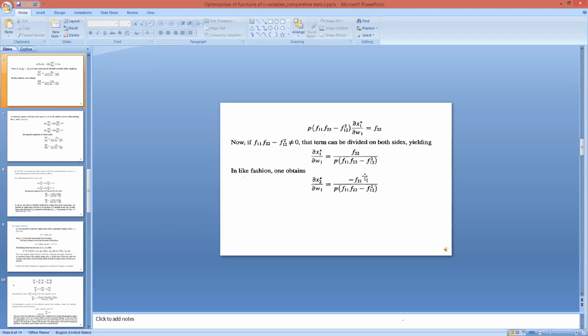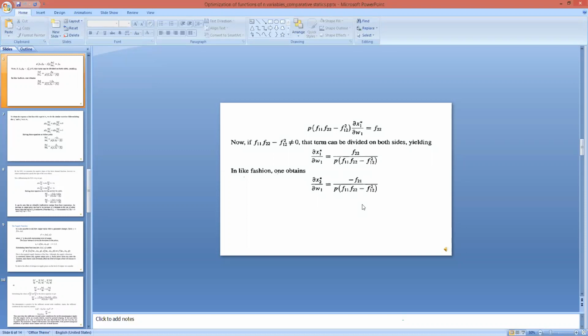F21 can be negative, F21 can be positive. If F21 is negative, it will be a positive function, and alternatively, if F21 is positive, it is a negative function. So we cannot say anything specific about the sign of del x2 star by del w1, whereas for x1 star, we can state unambiguously the curve will be negatively sloped.